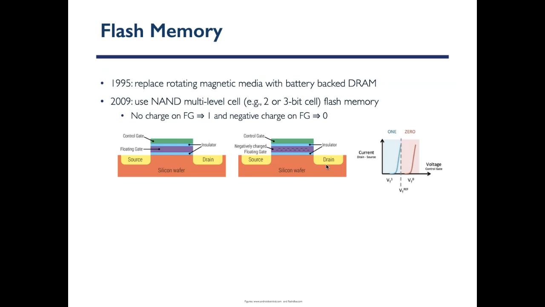If there is a current, that means there is nothing on your floating gate, meaning that you have stored 1. And if there is no current with the reference voltage, that means that you have negative charge, and you have stored 0.